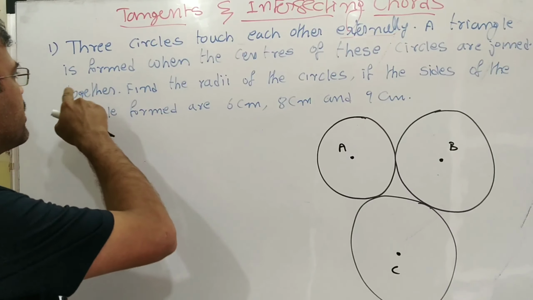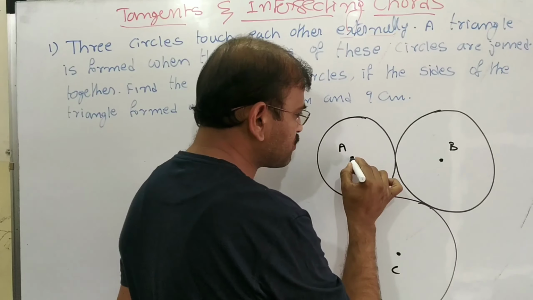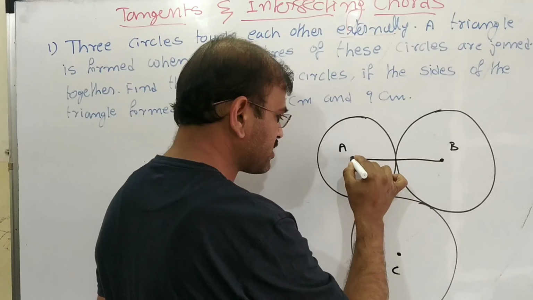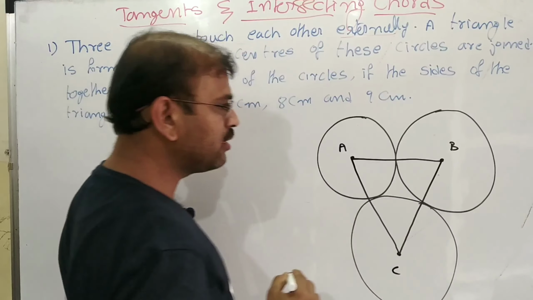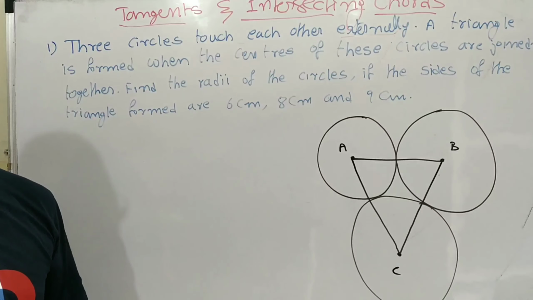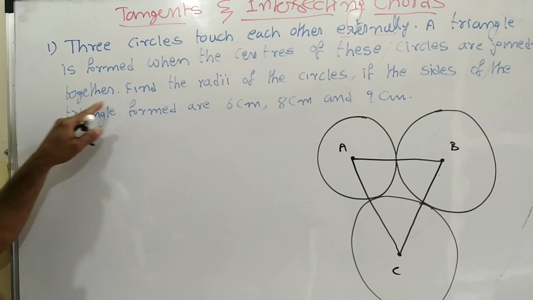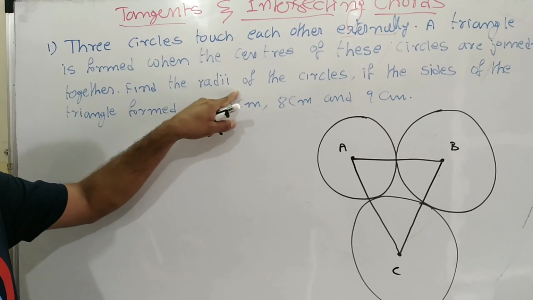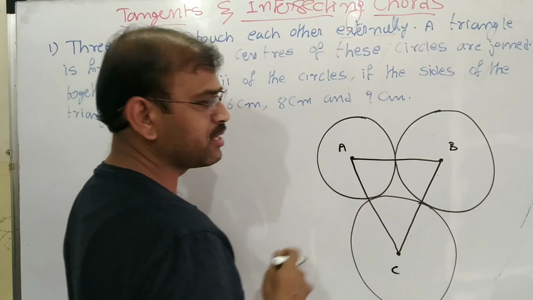Now what does our question say? A triangle is formed when you join the centers of these circles. Now go for the next one. Find the radii of these circles. We need to find the radius of these circles.